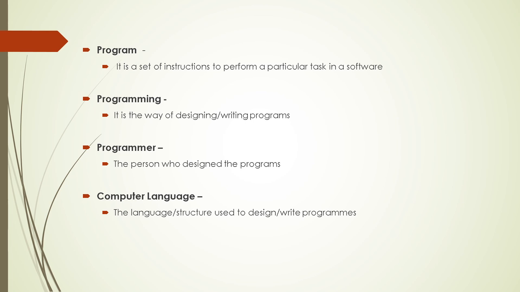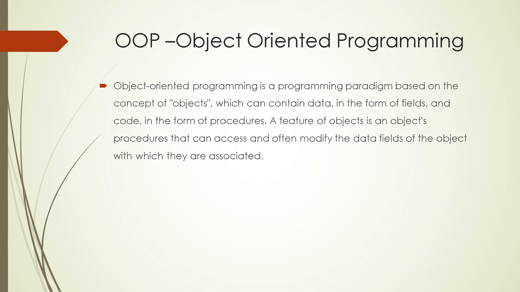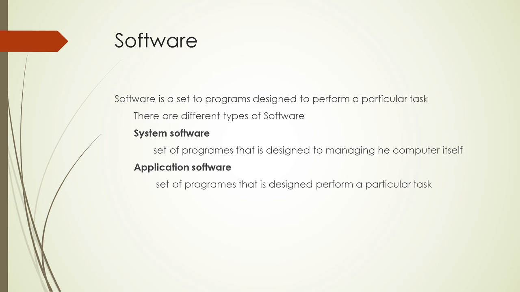These are different kinds of programs: save, open, close, find, replace. Many programs are there. How to arrange or insert an image, that is also a program. So the collection of programs is called a software. Software is a collection of various programs.